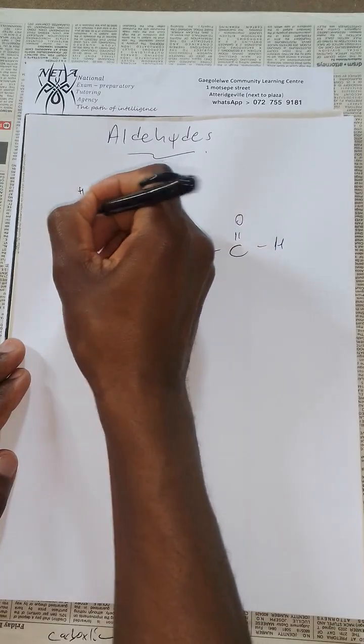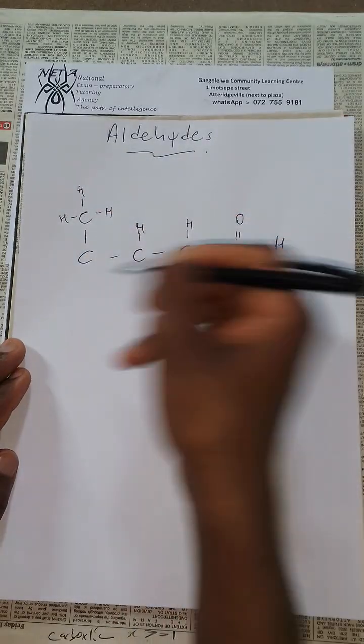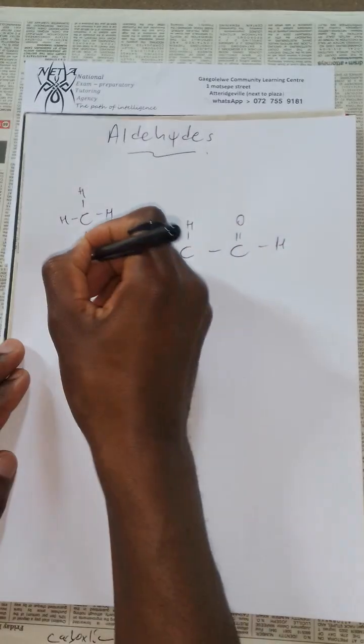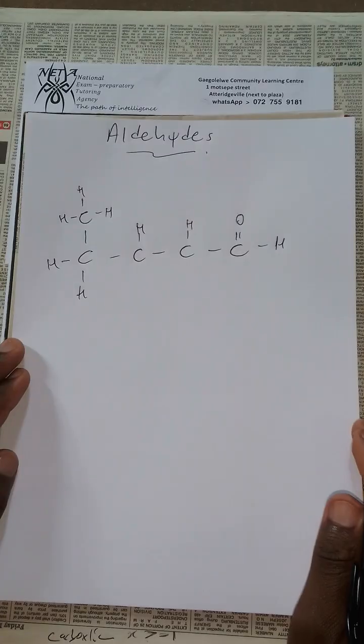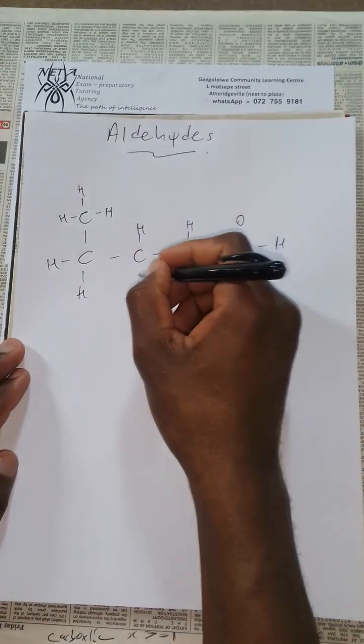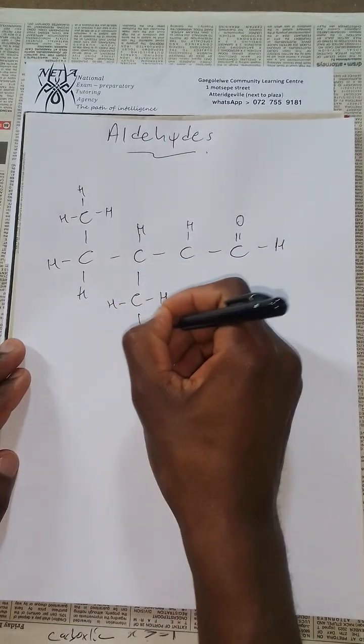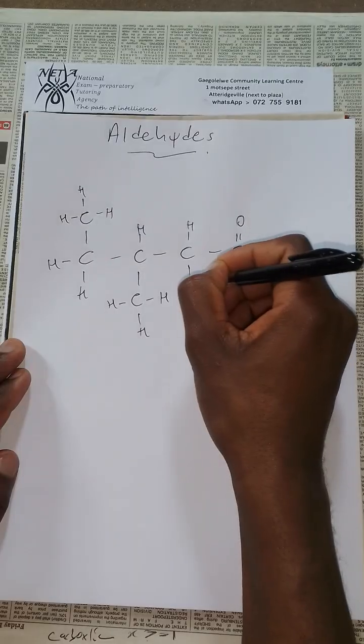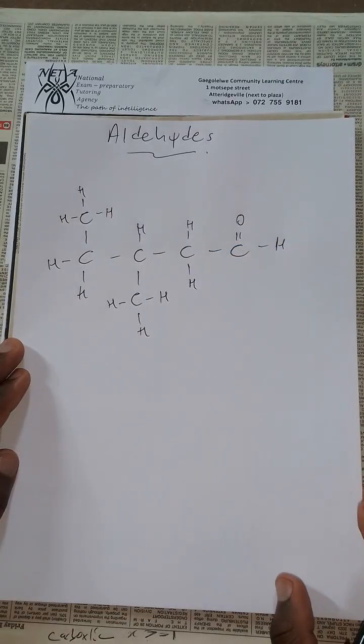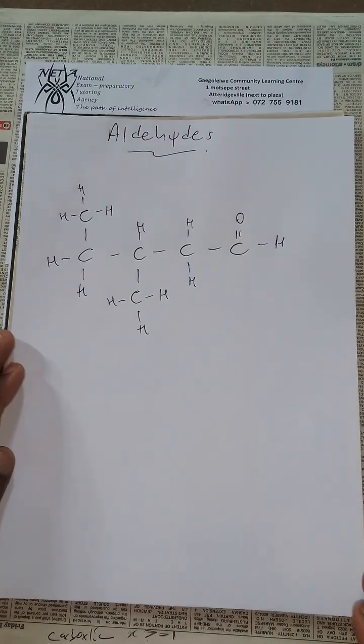The structure of aldehydes. Now remember that whenever you are engaged in the activity of IUPAC naming, there is a principle that should always be followed, and a principle that should never be allowed to not be followed, because if you don't follow this principle, you will always go wrong.